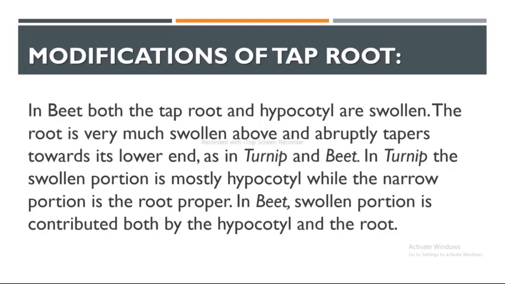The root is very much swollen above and abruptly tapers towards its lower end, as in the turnip and beet. In turnip, the swollen portion is mostly hypocotyl, while the narrow portion is the root proper. In beet, the swollen portion is contributed both by the hypocotyl and the root.